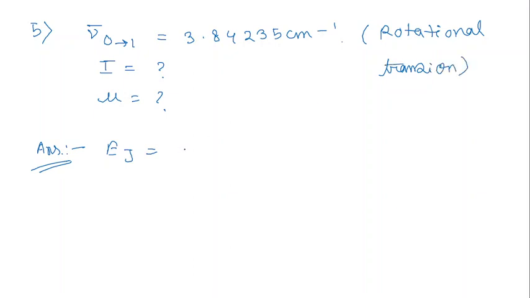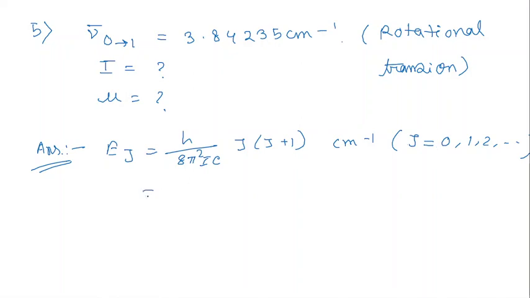First we have to know how much energy a molecule needs to make the transition from J equals 0 to J equals 1. We have to first know the energy equation. What will be the energy equation? J is the rotational quantum number, 0, 1, 2.